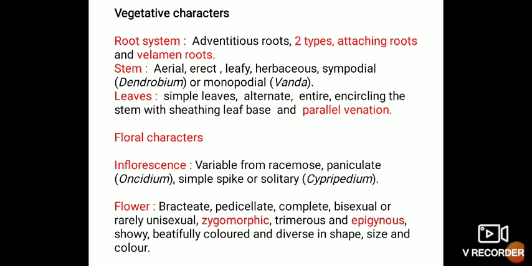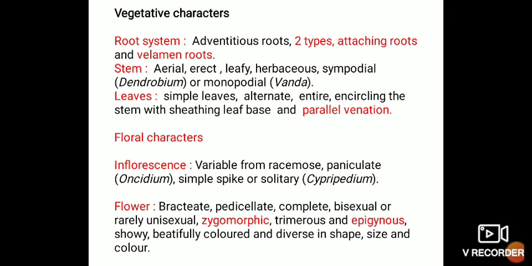The floral characters include the inflorescence, variable from racemose and paniculate in Oncidium to simple spike or solitary cyme in Cypripedium. The flower is bracteate, pedicellate, complete, bisexual or rarely unisexual, zygomorphic in nature, trimerous and epigynous.